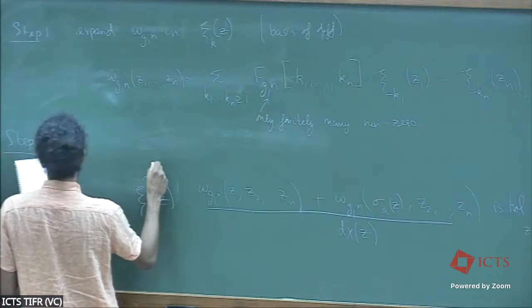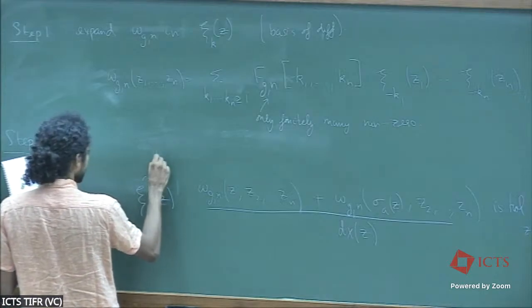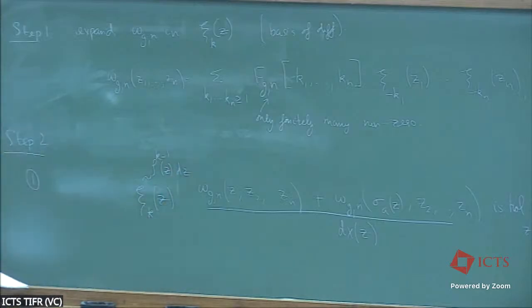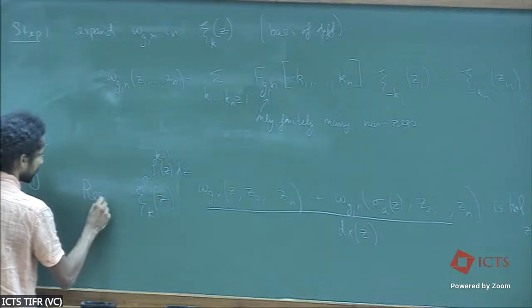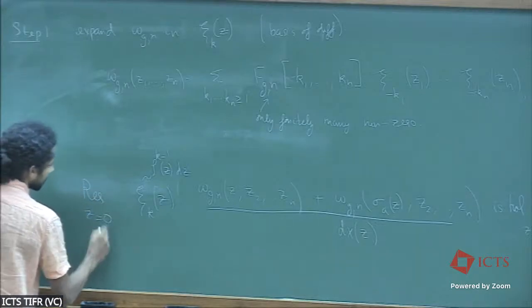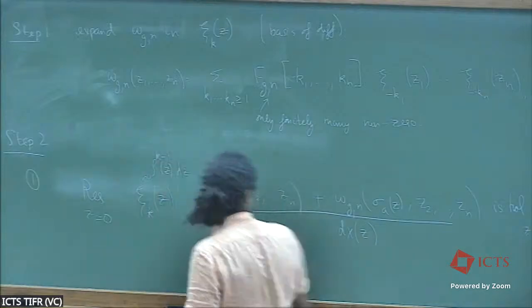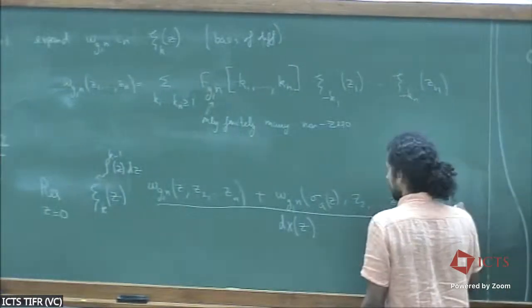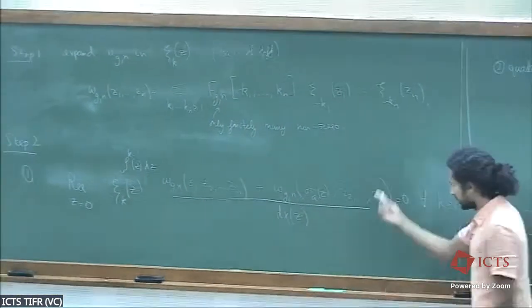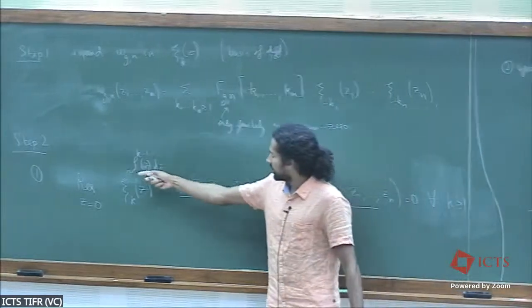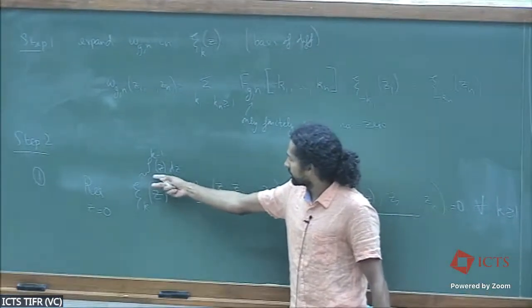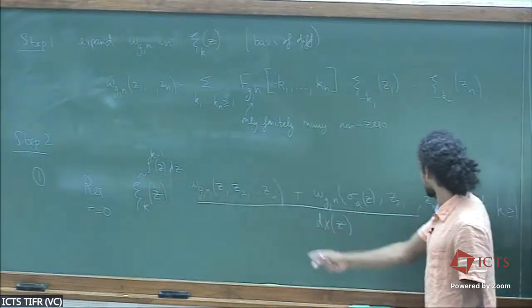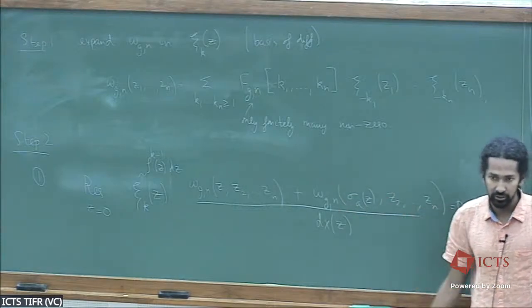If I choose some local coordinate, rho, and I take the residue at z equals 0, this should be 0 for all k that's at least 1. Because I don't have any poles, I'm just multiplying by some power of this local coordinate rho centered around the ramification point, and I take the residue, so I should get 0, because I don't have any poles contributing.